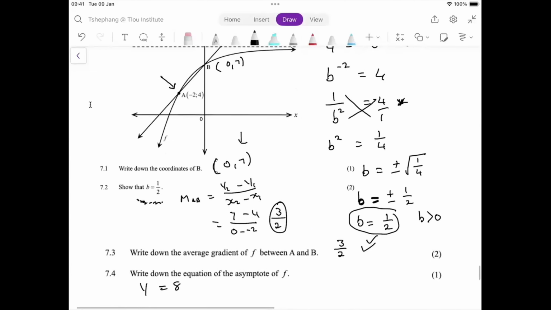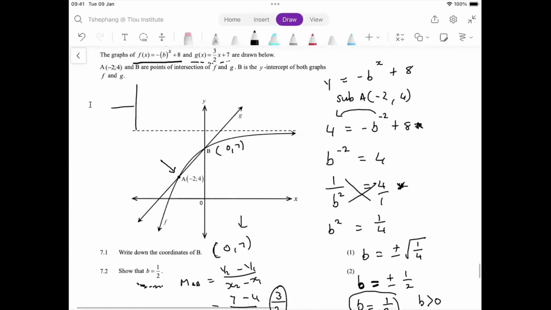Okay, then the equation of the asymptote. Remember, the easiest equation to think of is, let's say we have such a graph. If this point is the point 0 and 2, it would mean that your asymptote is going to be 1 less than that y-intercept, if that's the kind of graph we're dealing with. But in this case, we have a graph that is under that asymptote.